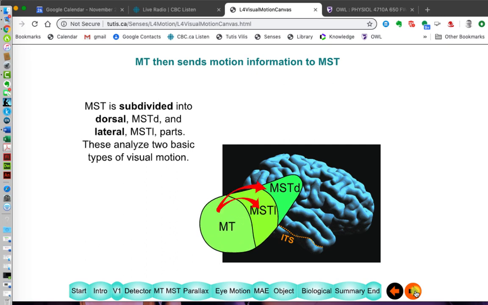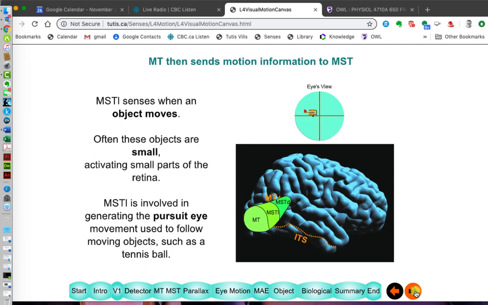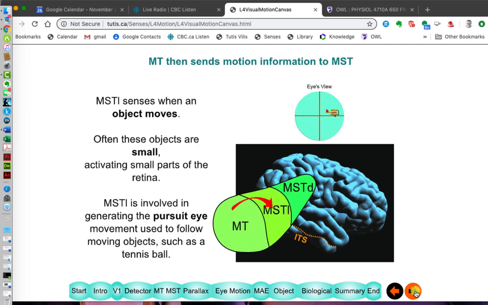Now, MT in turn sends its information to two other structures. They're called MSTL for lateral and MSTD for dorsal. And each one analyzes a very different type of motion.